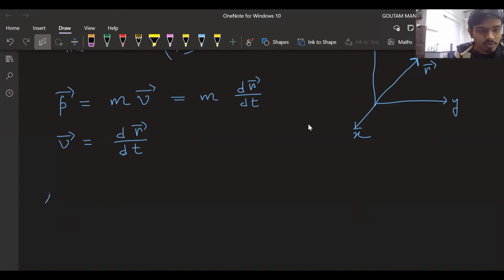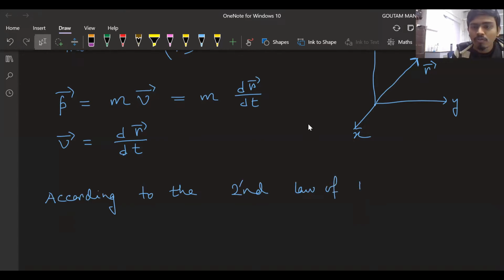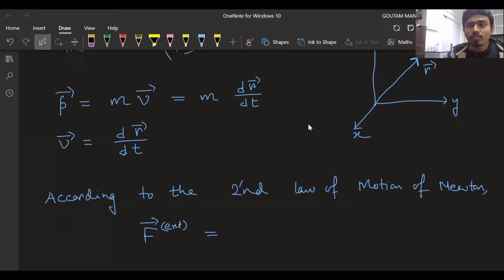Now, according to Newton's second law of motion, the external force acting on a particle is given by its rate of change of momentum.